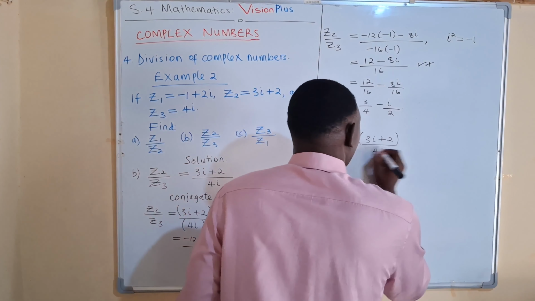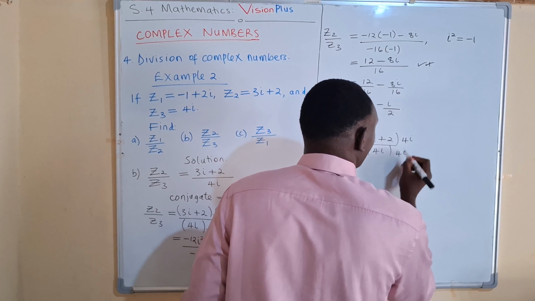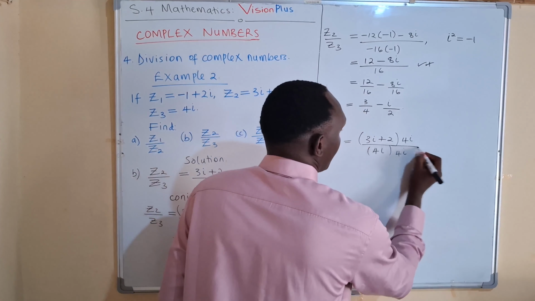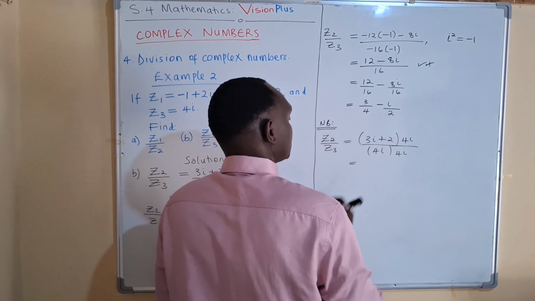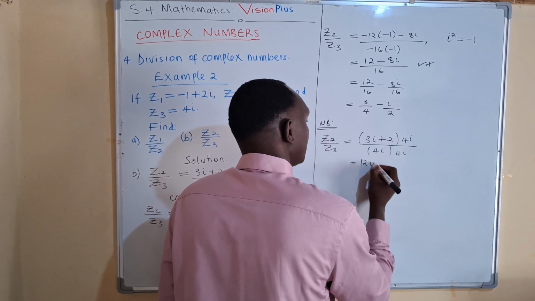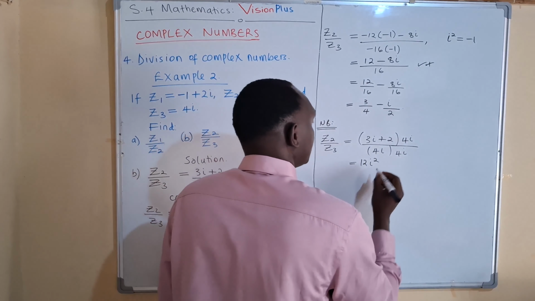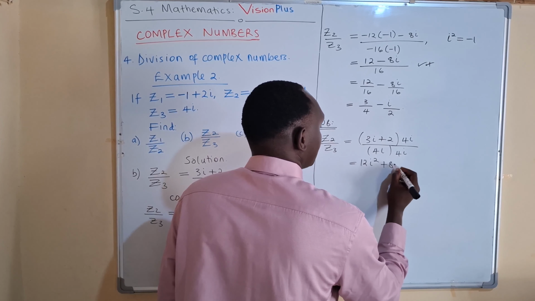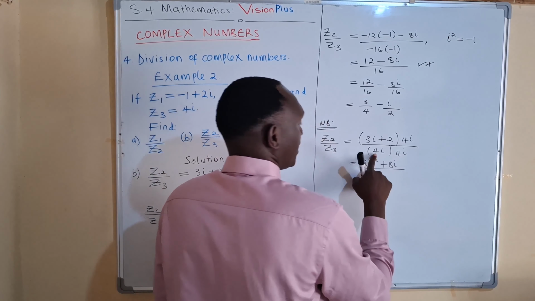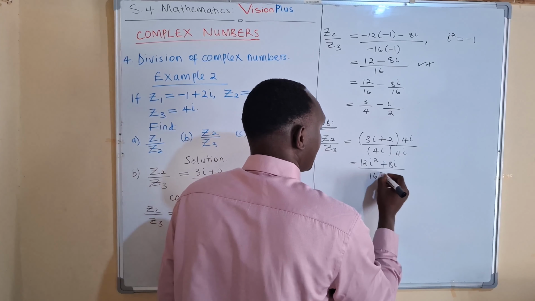So when multiplying the numerator by 4i up here, and also the denominator by 4i, we should be in position to get the same answer. This equals 3i times 4i, that gives us 12i squared. 2 times 4i will give us 8i, plus 8i over 4i times 4i is 16i squared.